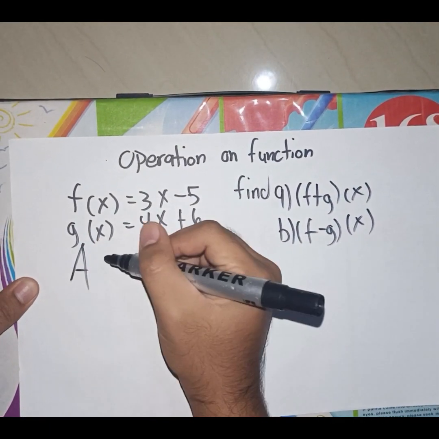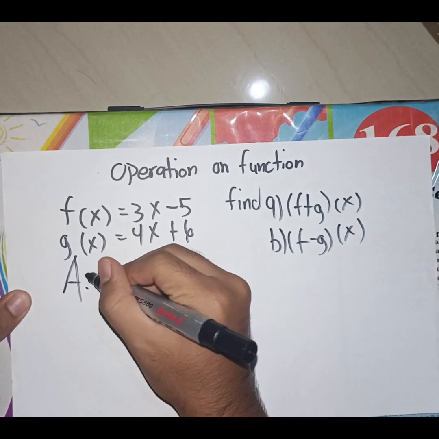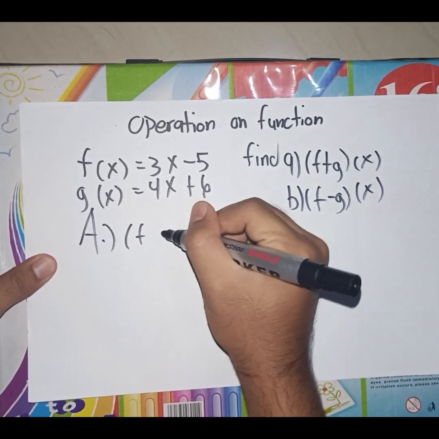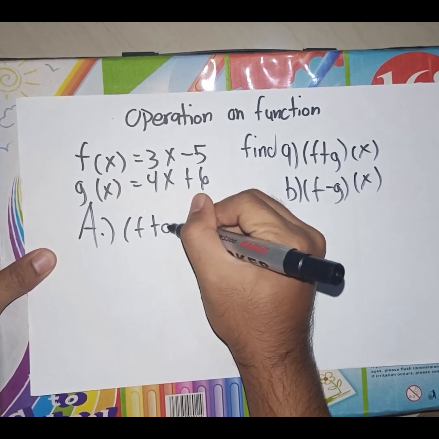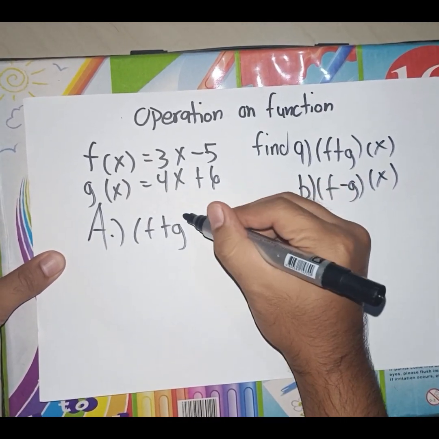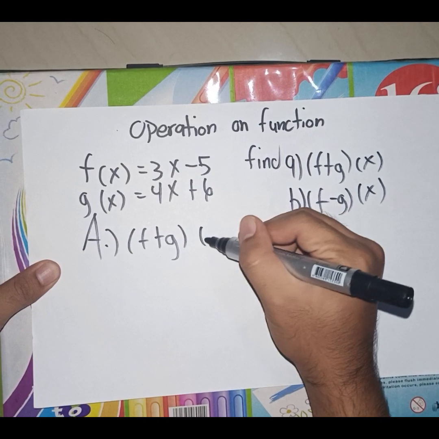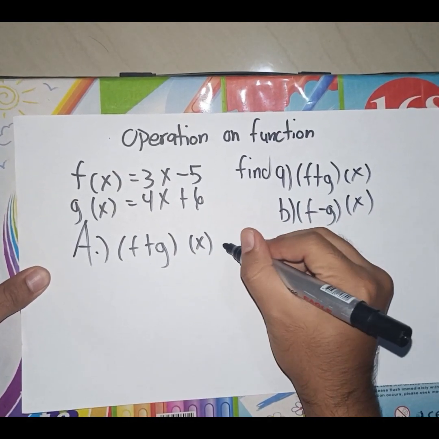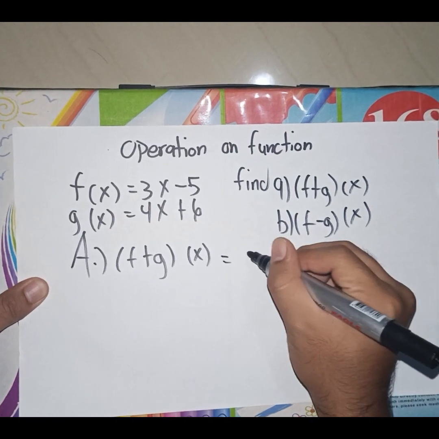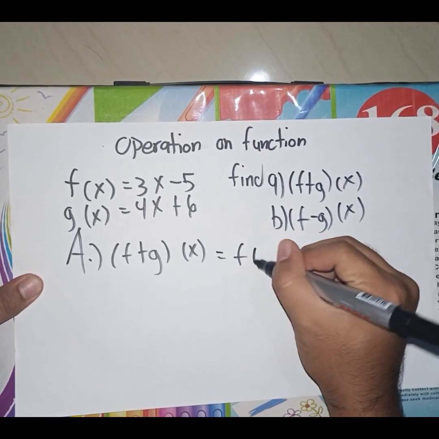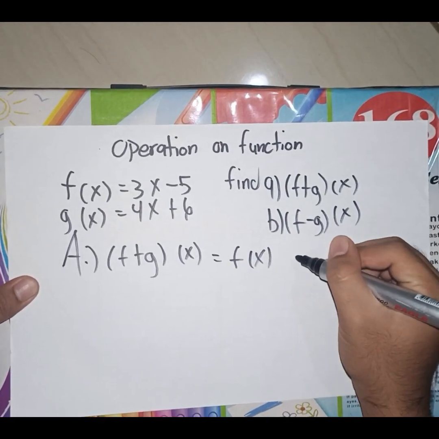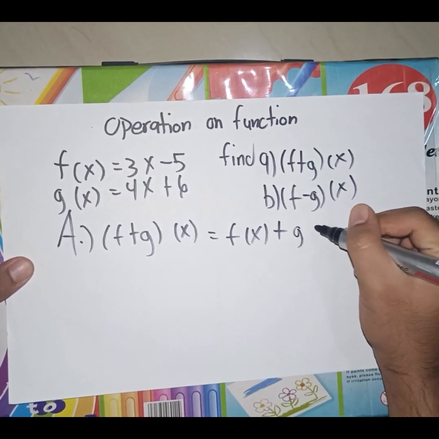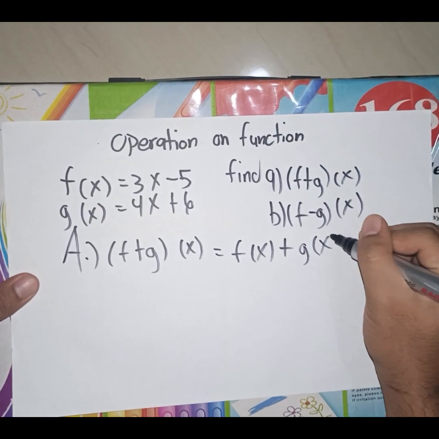Let's start on a. Quantity f plus g of x is equal to f of x plus g of x. All we need is to substitute.